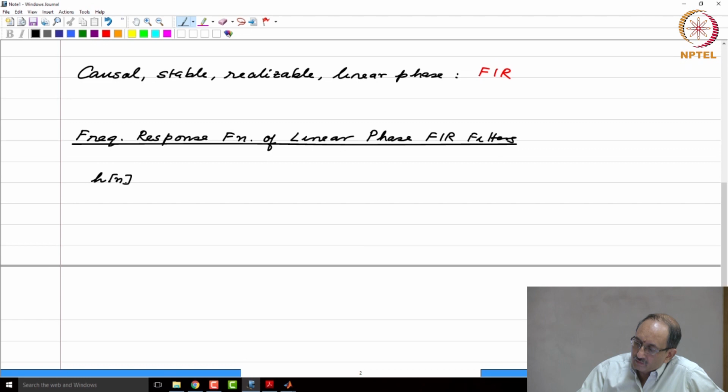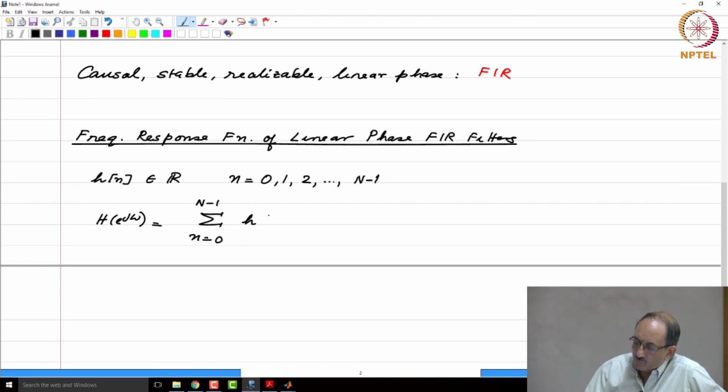Therefore, we have h of n, which is real valued, for n equal to 0, 1 up to n minus 1, and H of e to the j omega is the sum for n going from 0 to n minus 1 of h of n e to the minus j omega n.